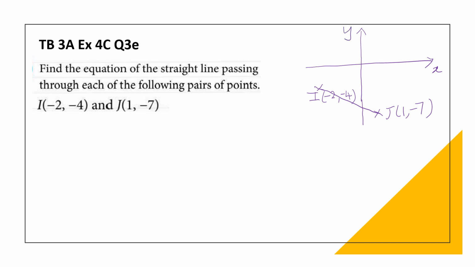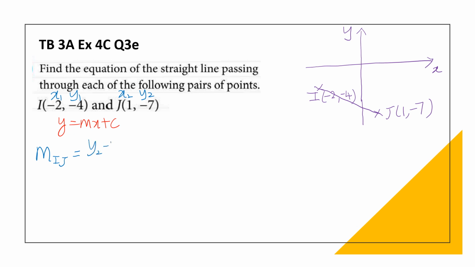If you recall what we have learned earlier, the general form of a straight line equation is y equals mx plus c. So there are 2 things needed here, the gradient and the y-intercept value. For gradient, let's label the points first as x1, y1, x2, y2. You can use the letter m with subscript IJ to represent the gradient.